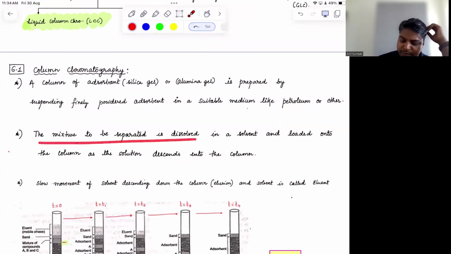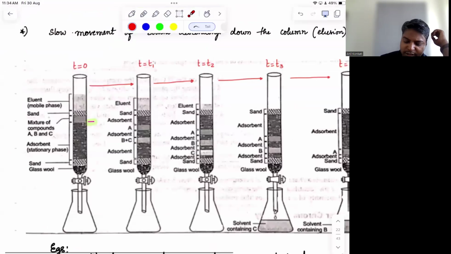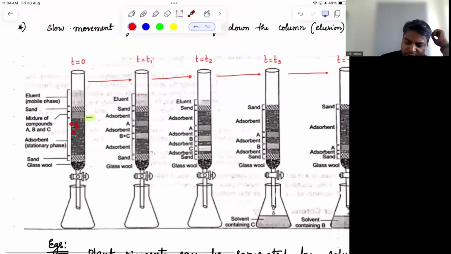Now, the mixture to be separated is dissolved in the solvent and loaded into the column as the solution descends into the column. So first we have loaded all the adsorbents here. These are all the adsorbents, like small pebbles we will have.